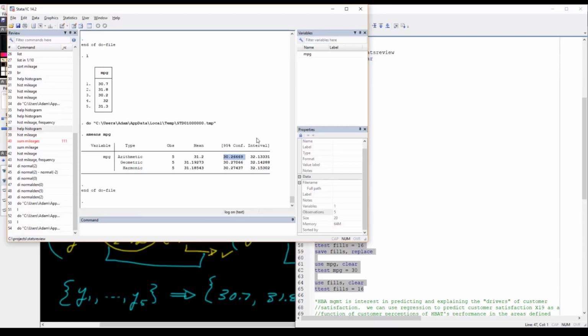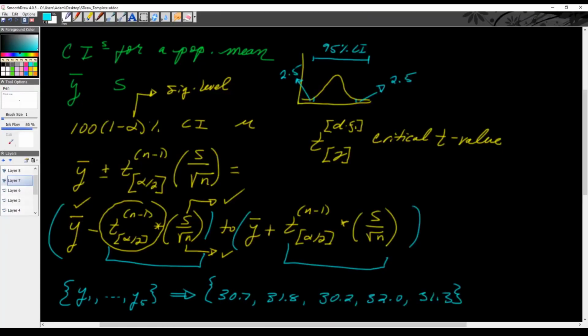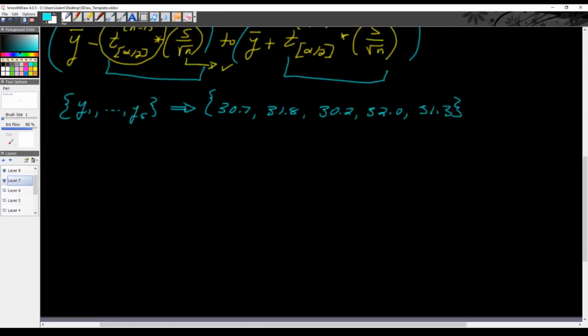So we're 95% sure that the true population value is somewhere in between 30.27 approximately and 32.13. So in this example, we picked a level of confidence equal to 95%.